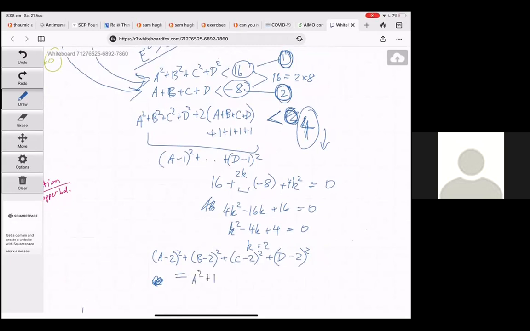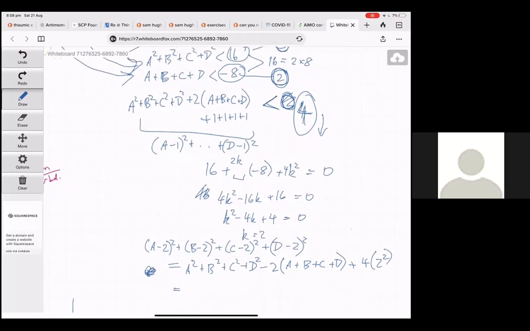So we've got all of my first terms squared, and then the cross terms are going to give me the minus 2 times a plus b plus c plus d. And then the plus 2 squareds are going to give me 4 lots of 2 squared.